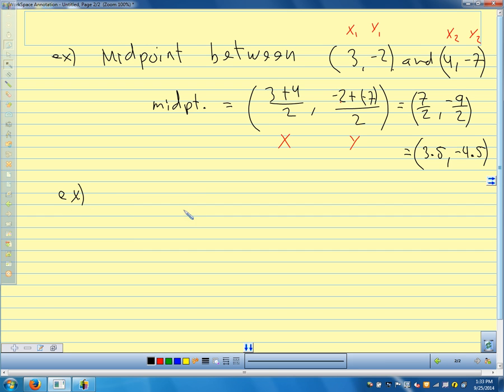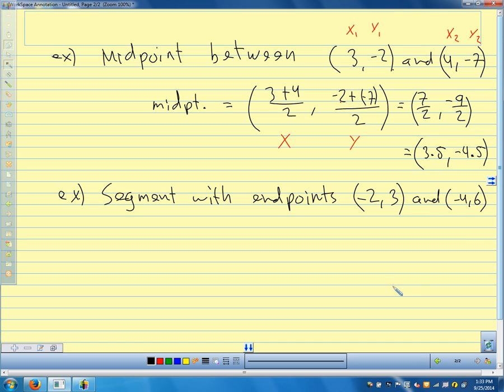Let's look at another one. Another way you might see this question is it will say a segment with endpoints negative 2, 3, and negative 4, 6. And we want to find the midpoint.